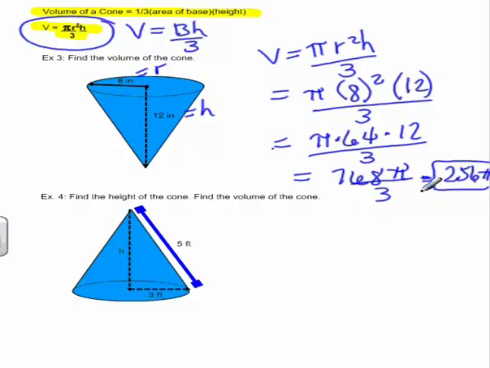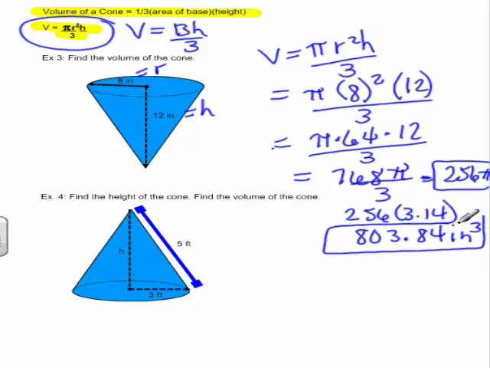All right, your answer may call for you to have that as a decimal number. So 256 times 3.14 would also give you an answer of 803.84. And this measurement is in inches. So again, remember it's cubic inches.